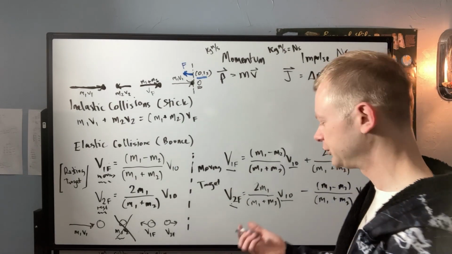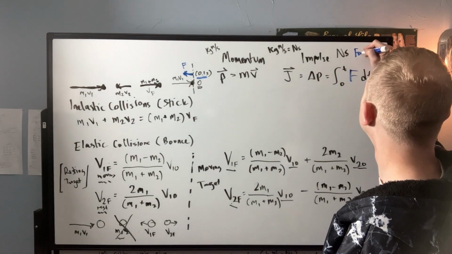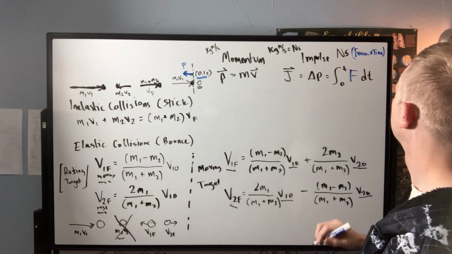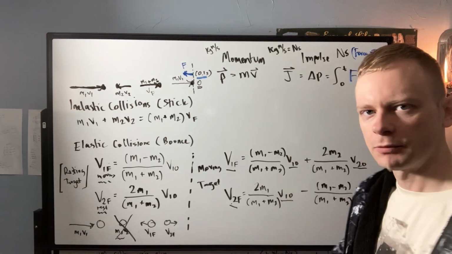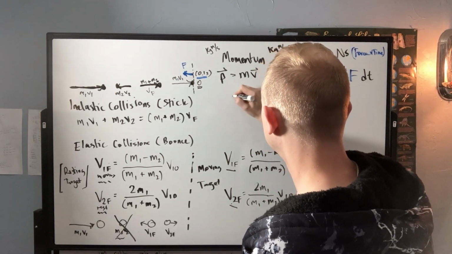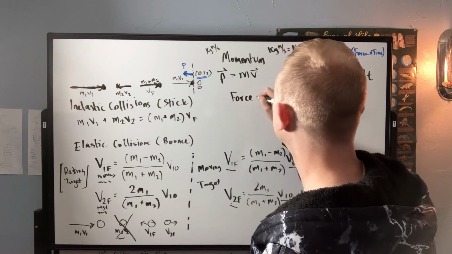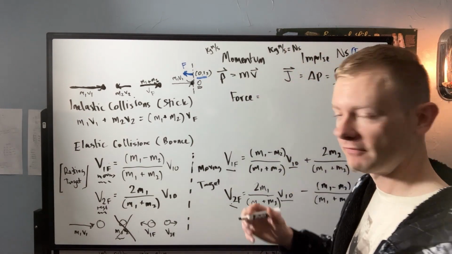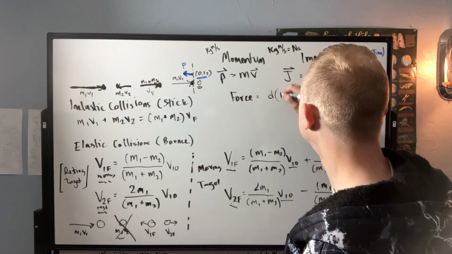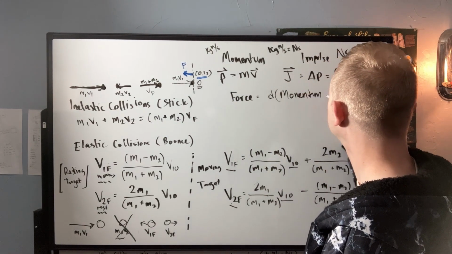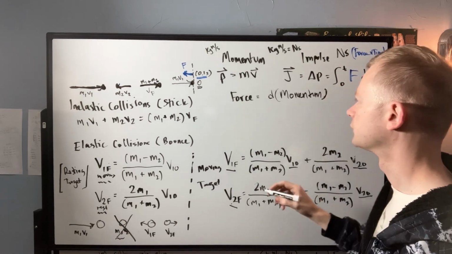So impulse was just force times time. If that's the case, let's say we wanted to figure out what that force was. Remember in a previous video I said that force is the derivative of the momentum. I'll make sure to link that in the description as well.